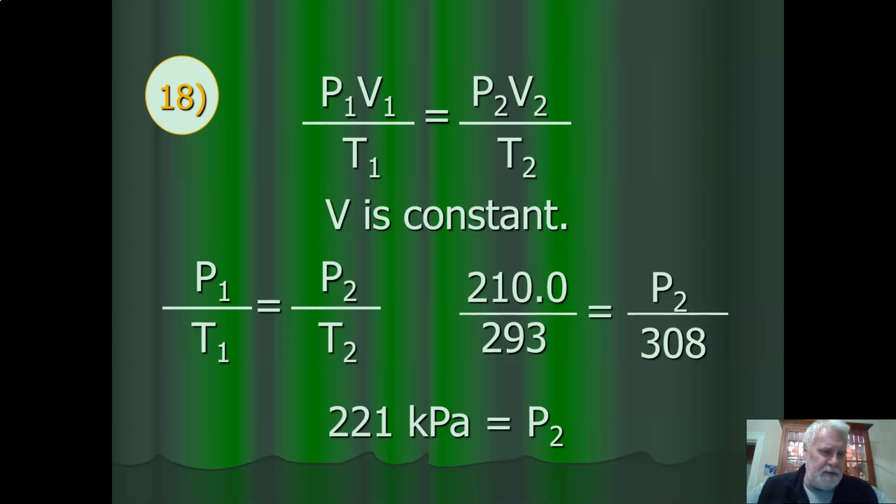Here's what you need to have done to be caught up. All of the problems, 1 through 19, you should be pretty comfortable with. If you're having problems with any of them, we need to email or set up a Google Meet or ask questions in class so that we can get that fixed, all right? Because this test is going to sneak up on us next week before you know it.